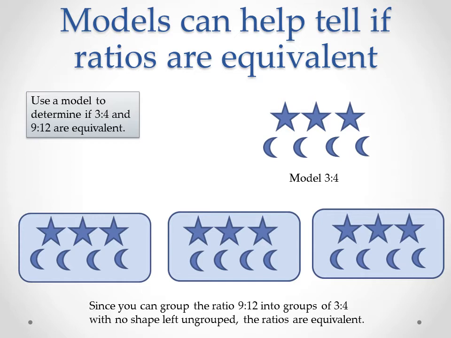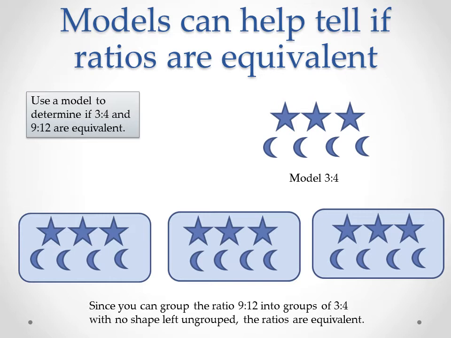Another way that you can prove that ratios are equivalent is by using a model. In the top of this picture, we have a model of the ratio 3 to 4, 3 stars to 4 moons. We want to know if that's equivalent to the ratio of 9 to 12. So we draw a picture of 9 stars and 12 moons.